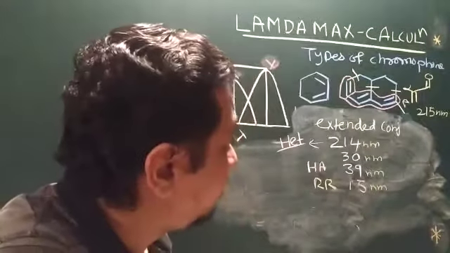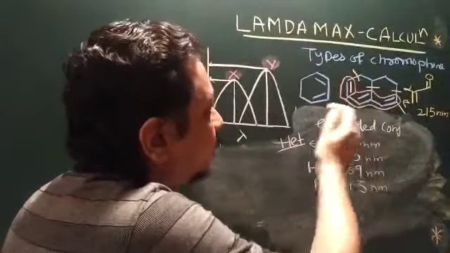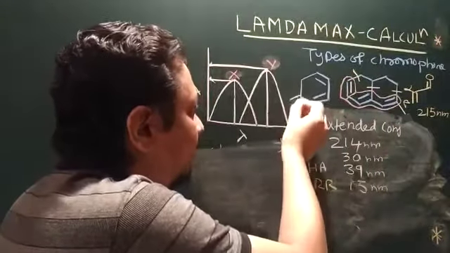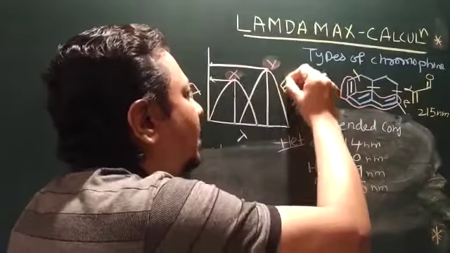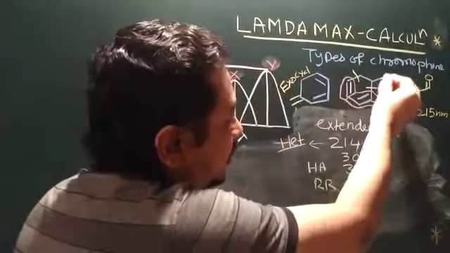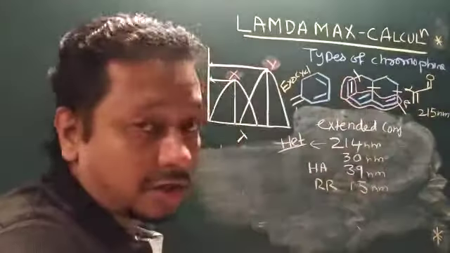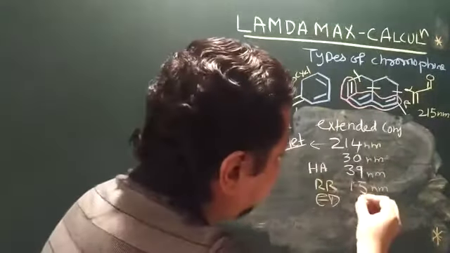Okay, then the very important thing is the exocyclic double bond. If we would have the double bond over here, this double bond would be called an exocyclic double bond. So if you see this double bond is also exocyclic to this structure, so that's why it is an exocyclic double bond, it will cost us 5 nanometer.